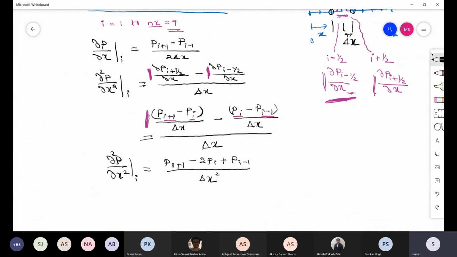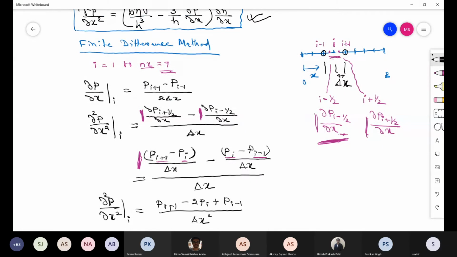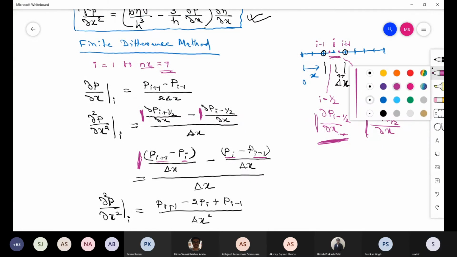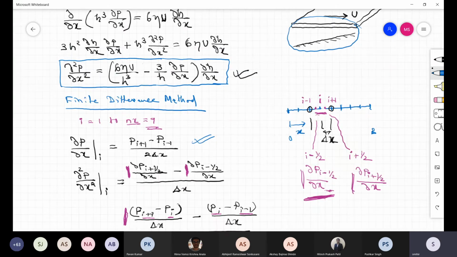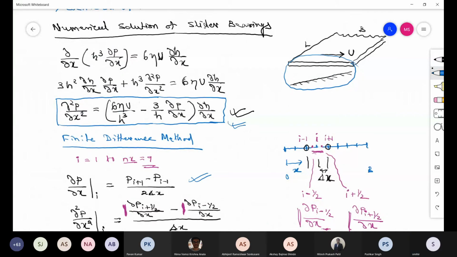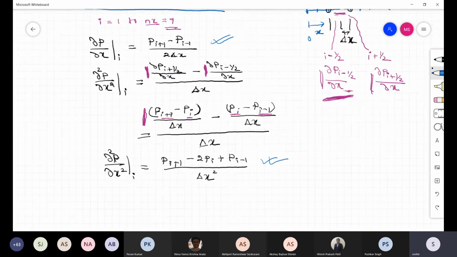Now what you do, this del p upon del x and del square p upon del x square, you substitute in this expression. If you substitute that in this expression and then take p I to the left, your final form of the expression will become this.